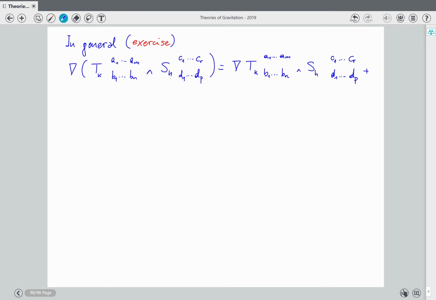And then since nabla has degree 1 and this has degree k, when you cross you have a coefficient that is -1 to the k. Nabla S, dP.